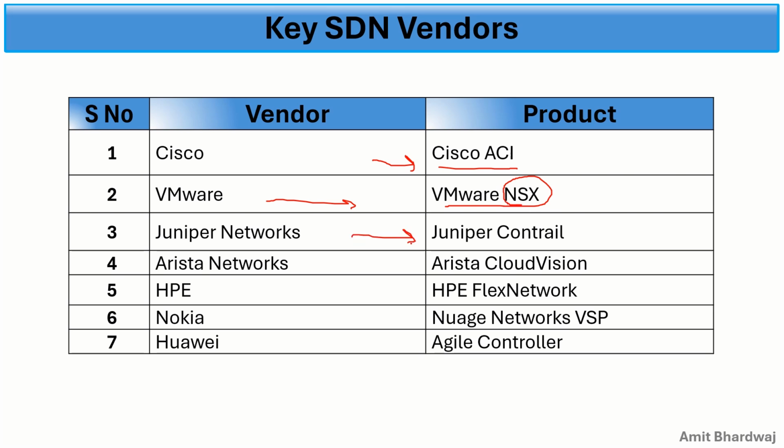Juniper has also got its own portfolio by the name of Juniper Contrail. Arista calls it CloudVision, HPE FlexConnect. Then Nokia calls it Nuage Networks VSP, and finally Huawei, it's Agile Controller. All have their own USPs, unique things about it. However, the fundamental and the bedrock of how SDN should work remains the same in all of them.